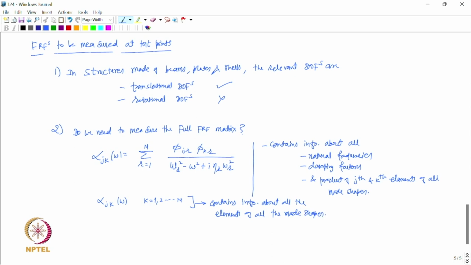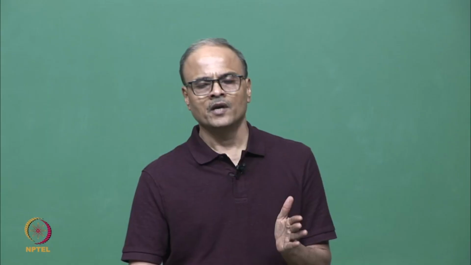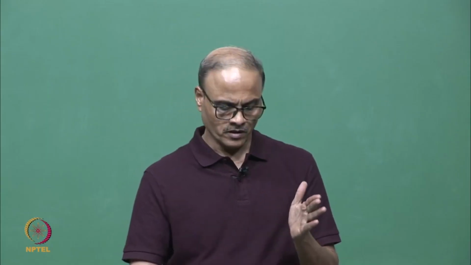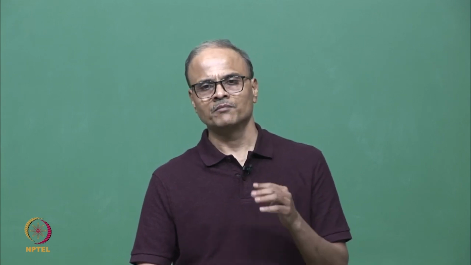So, this means that if we measure these FRFs alpha jk with k varying from 1 to n, then essentially we are measuring one row of the FRF matrix, because we are fixing the jth coordinate, which is the response degree of freedom, and then we are applying excitation at k varying from 1 to n. So, that would lead to measurement of one row of the FRF matrix.